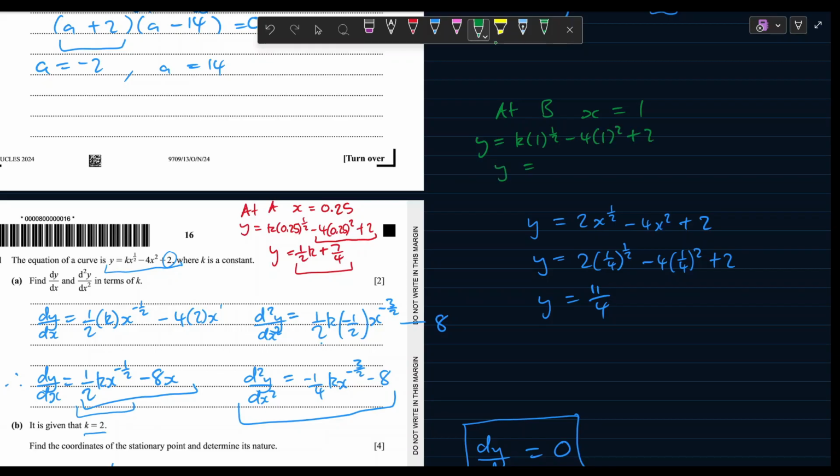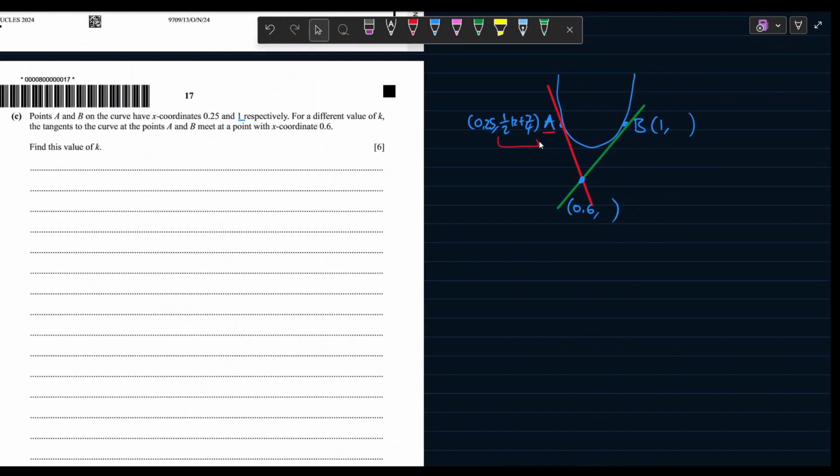So you end up with y is k, then minus 4 plus 2, so that's minus 2. So at B, our y coordinate is k minus 2.